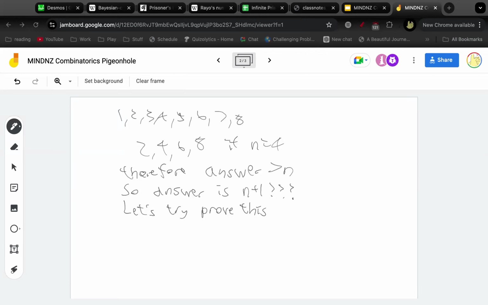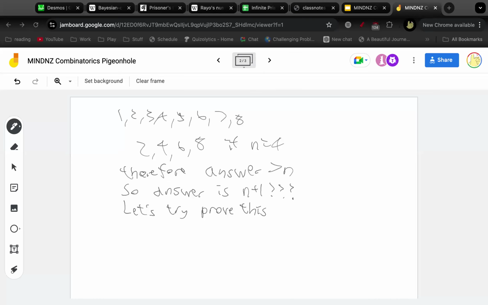Whenever you have this idea of too much overload in a system, that's when you might want to start using pigeonhole. You're putting too much stuff into too small of a space. So when you have pigeonhole in your mind, you can start looking for pigeons and pigeonholes, or items and boxes, or objects and containers.